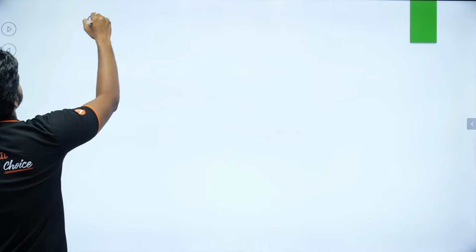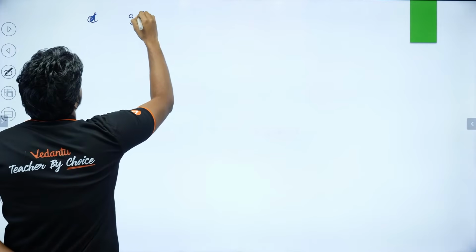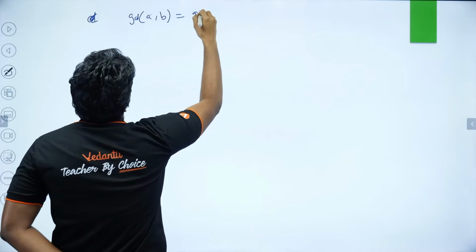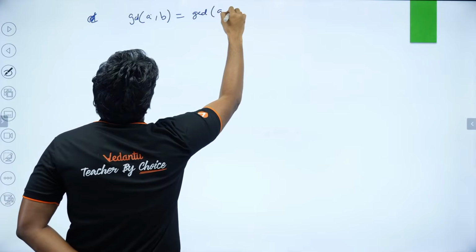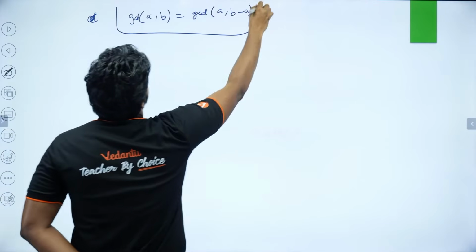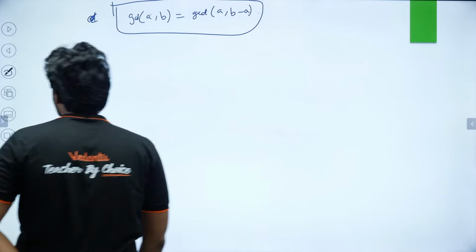So, I just want to prove that GCD of A comma B is equal to GCD of A comma B minus A, right? This is what I need to prove first. Okay.